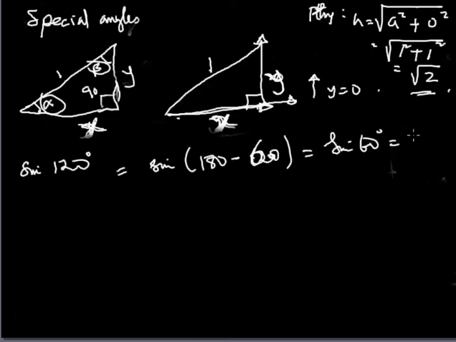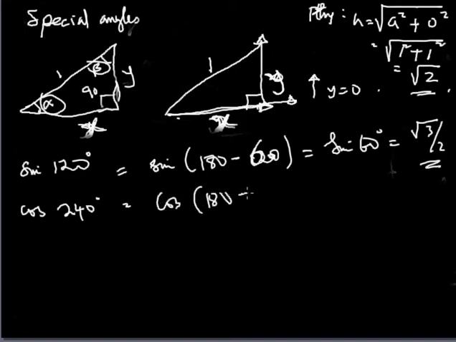It's the same thing as root 3 over 2. Remember the table. And if you have something like cos 240 degree, it's the same thing as cos of 180 degree plus 60 degree, which is the same thing as minus cos 60 degree, which is the same thing as minus half.